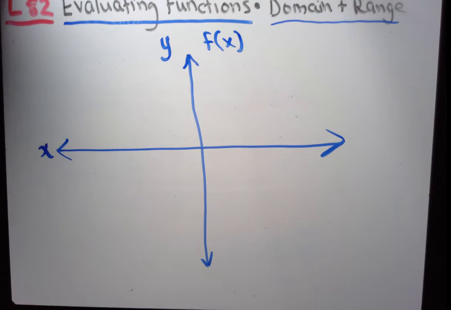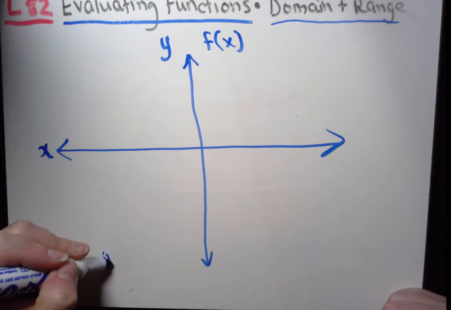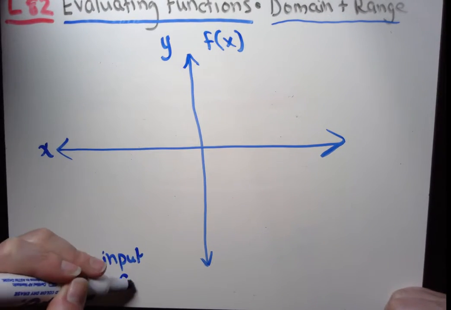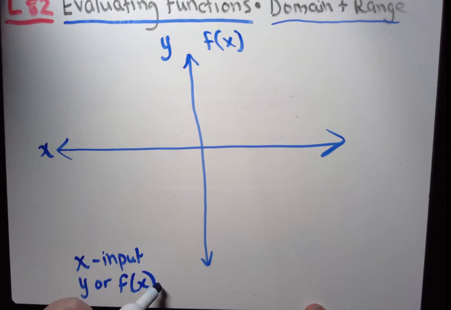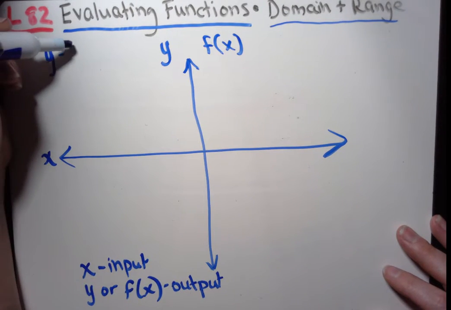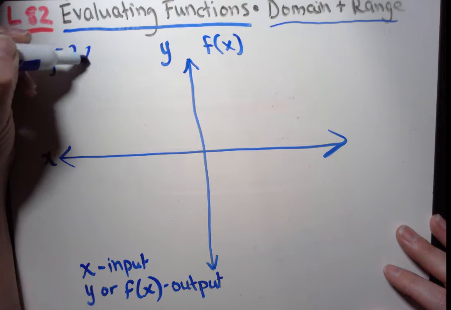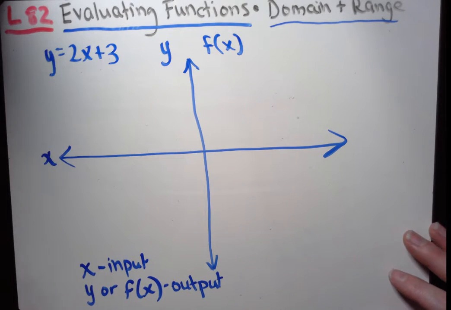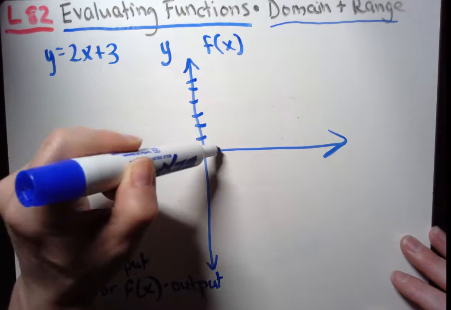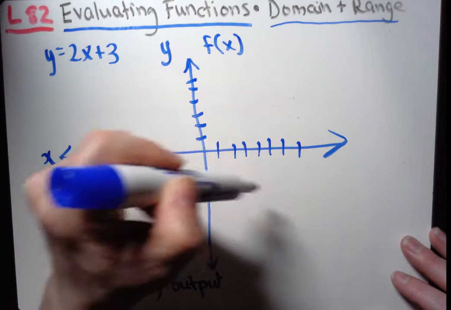So the input, x, is always the input value, and y, or f of x, is your output. And so let's take, for example, a line. If I'm going to graph the line y equals 2x plus 3. So we've learned about graphing, so put some tick marks here.